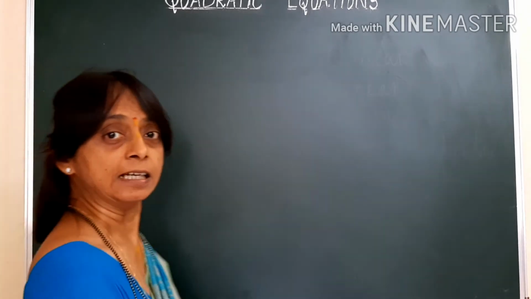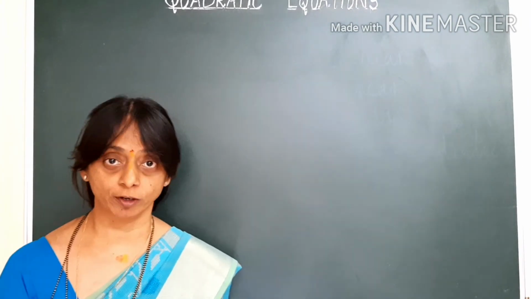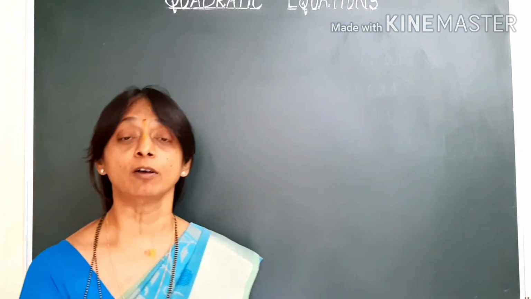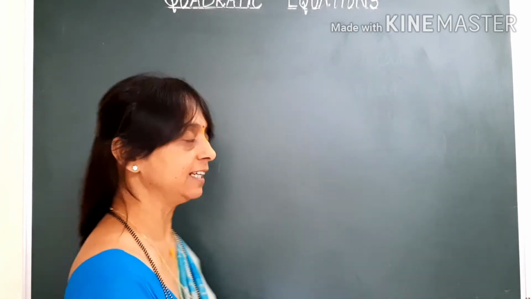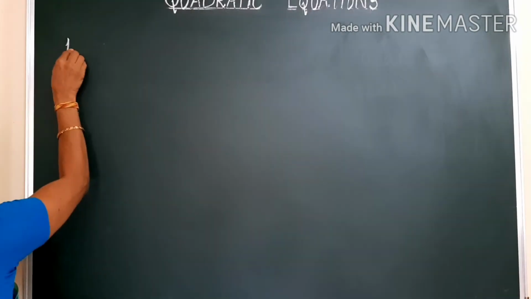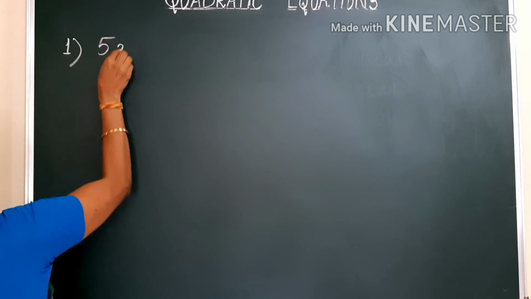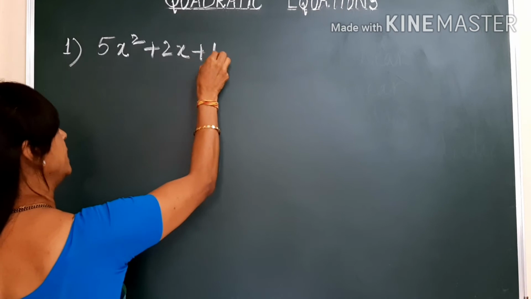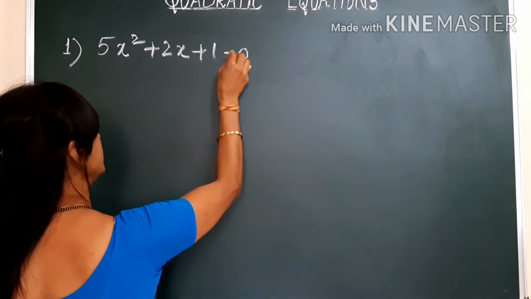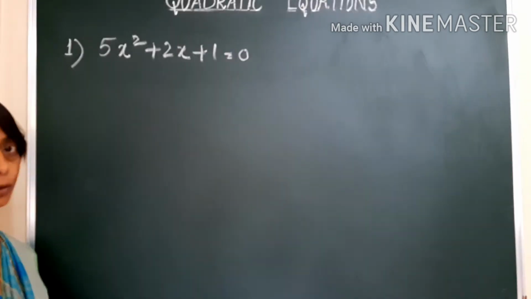Now students, that we are aware of what quadratic equations are, let me take more examples to understand a few topics in detail. The first example, 5x squared plus 2x plus 1 is equal to 0.